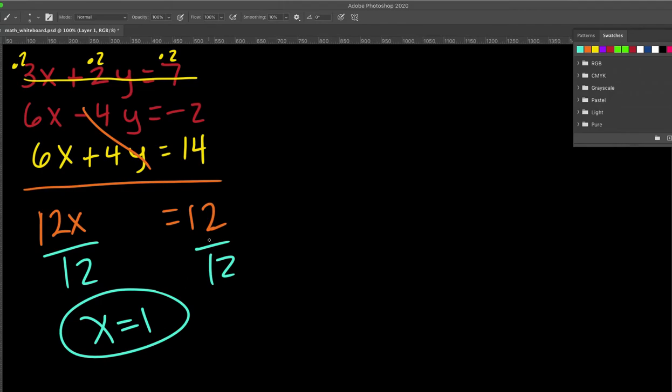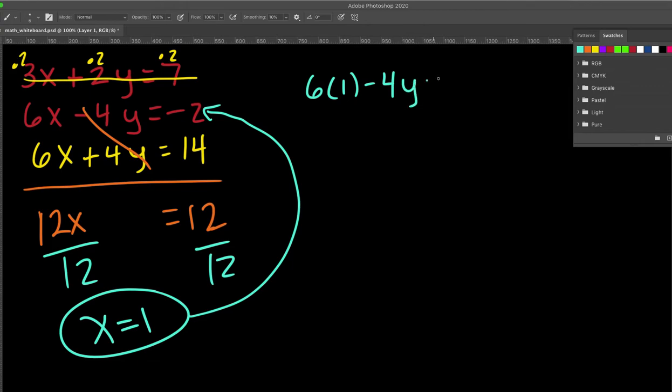Okay? Now, just like in substitution, we're going to take that first answer and plug it into any of them. I'll plug it into this one. So I get 6 times 1 minus 4y equals negative 2. Once again, it doesn't matter. Either of the originals would have worked. 6 times 1 is 6.